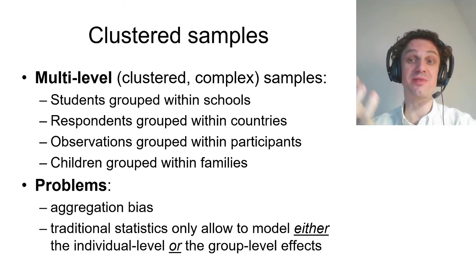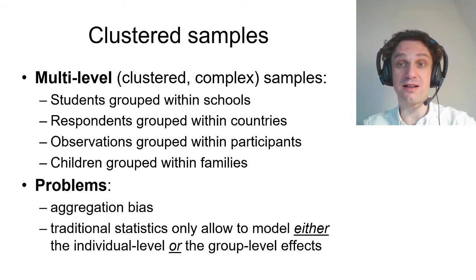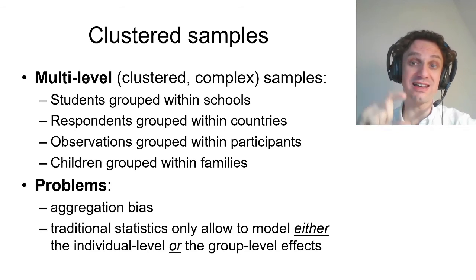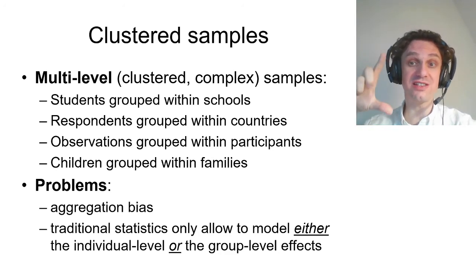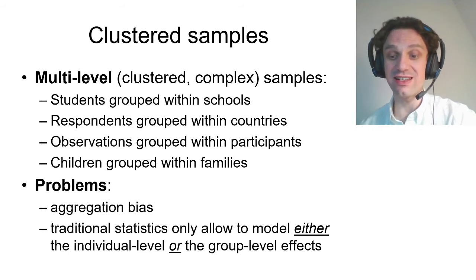From every participant, we get a bunch of measurements. In family psychology, we get children from the same families. So a family is like a level 2 unit. In organizational research, we have individuals belonging to different teams. So these are all hierarchically structured data.